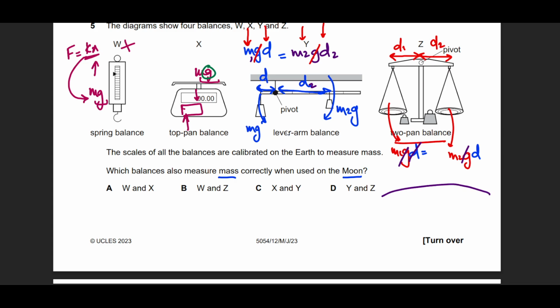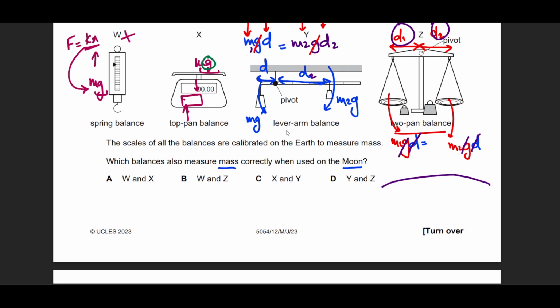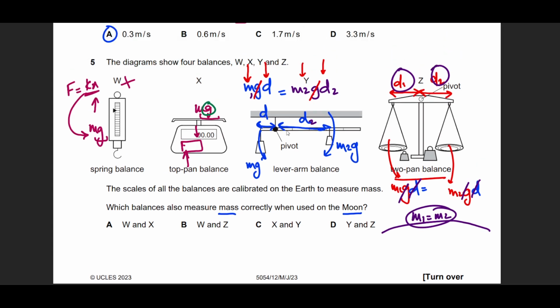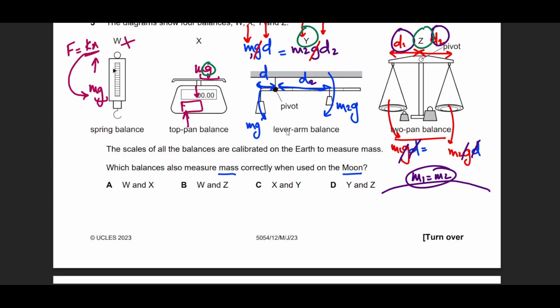The value of d cancels out because you deliberately made them equal during the manufacturing process. So at the end of the day, it is only comparing m2 with m1. So only masses are being compared. So the best equipment to measure mass, irrespective of the planet, is Z and Y, right? So Y and Z are going to be part of question 5, part D.